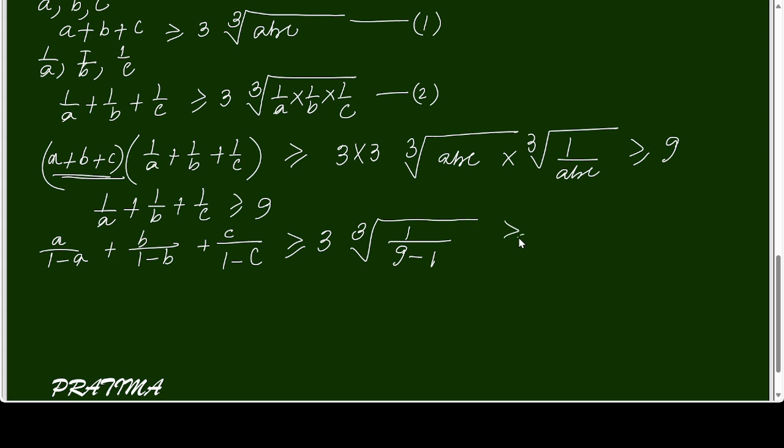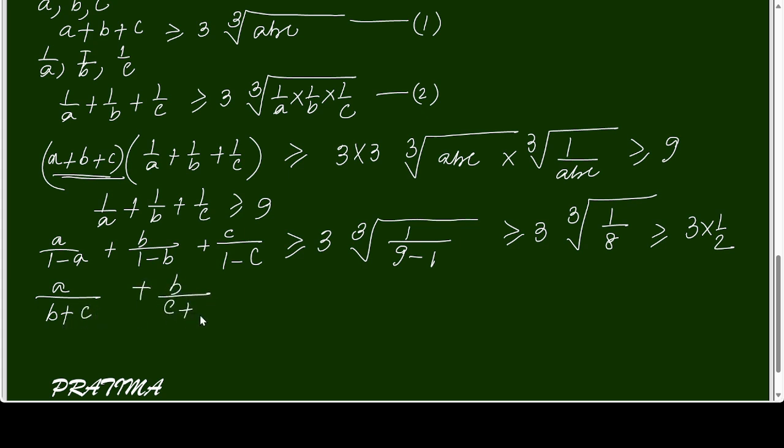So it is greater than or equal to 3 times the cube root of 1 over 8. Cube root of 8 is 2, so this will be 3 into 1 by 2. So ultimately we could prove that a over b plus c plus b over c plus a plus c over a plus b is greater than or equal to 3 over 2. So proved.